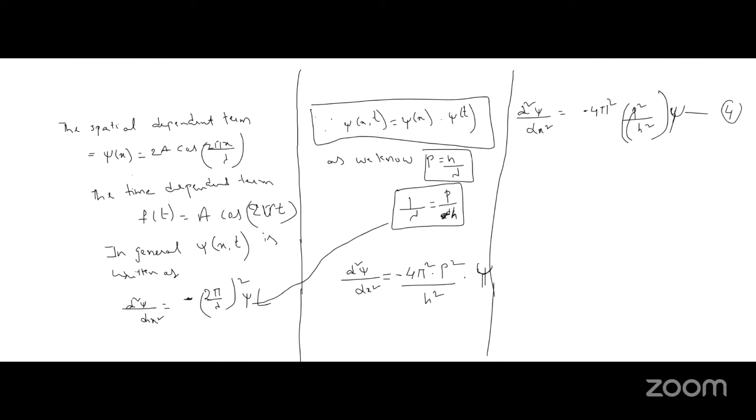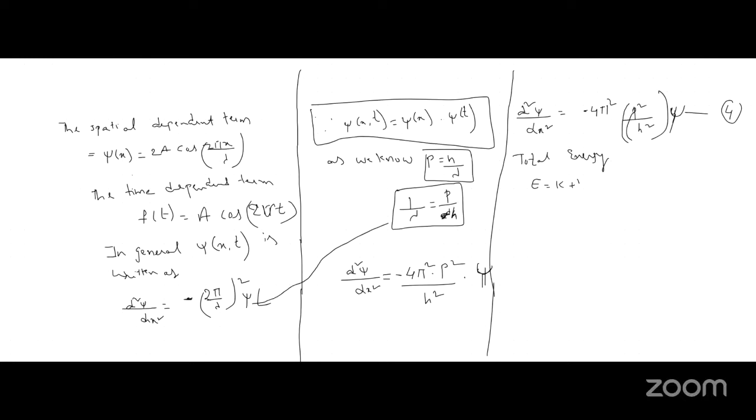Next, in place of p, I will substitute the total energy equation. Total energy equal to kinetic energy plus potential energy.